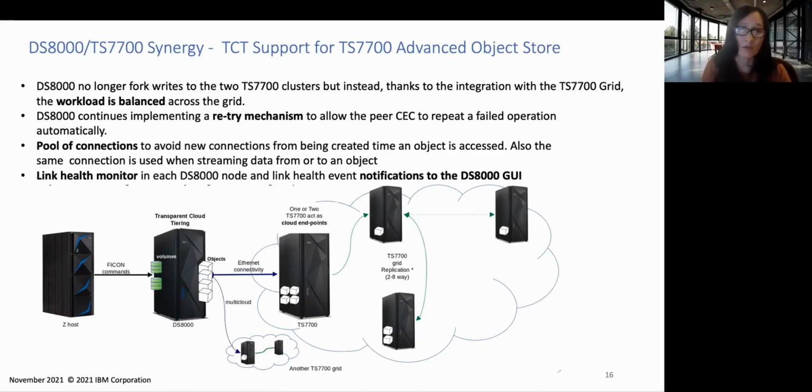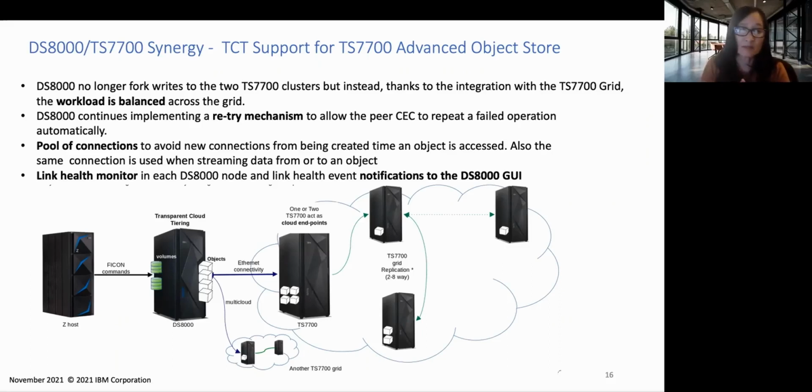They've added robust retry mechanisms when working with these two 7700s. Also, a DS8000 has two KECs, and each one of those KECs is also load balancing, so a DS8000 with two KECs can now load balance between two clusters in the grid.